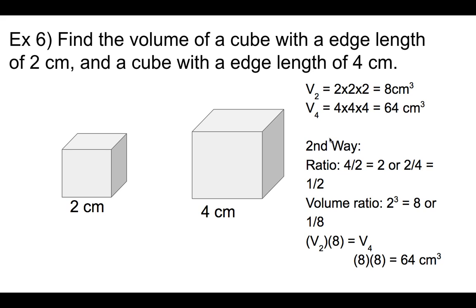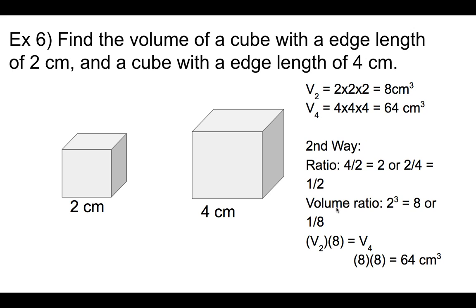But the second way you could have done it is to find the ratio between the side lengths of your cubes. So it's either 4/2, which simplifies down to 2, or 2/4, which simplifies down to 1/2. We talked about this before with similar two-dimensional shapes: if you take your ratio of the side lengths and square it, it gives you your area ratio.